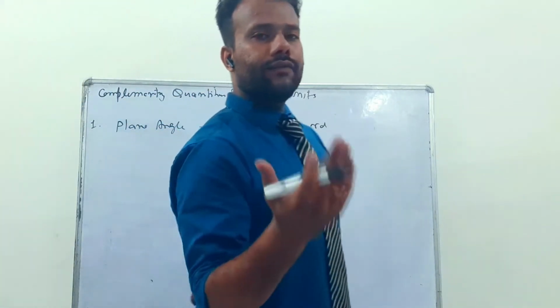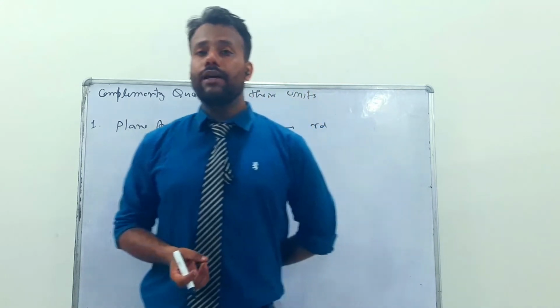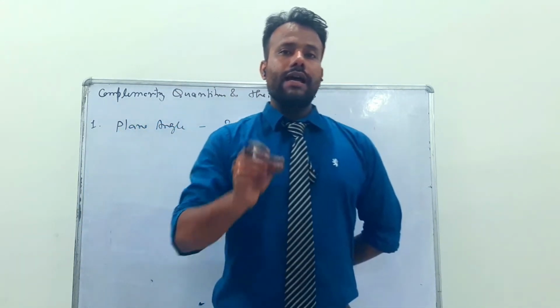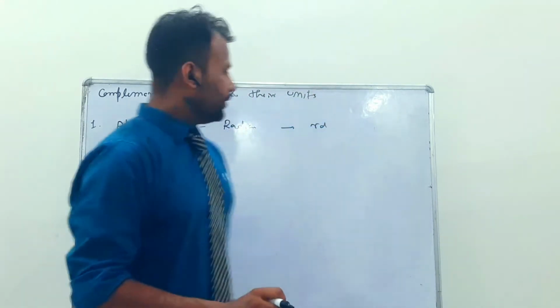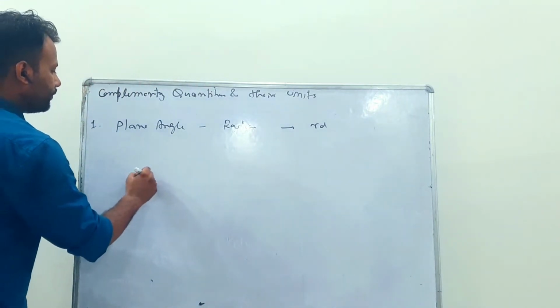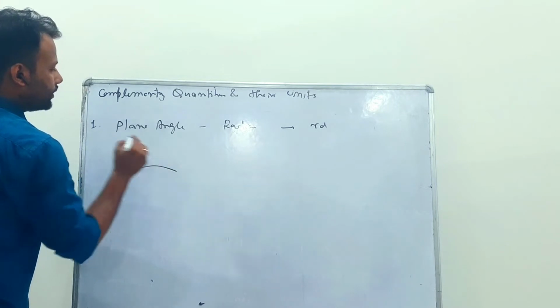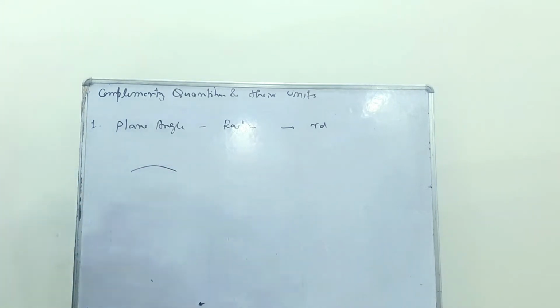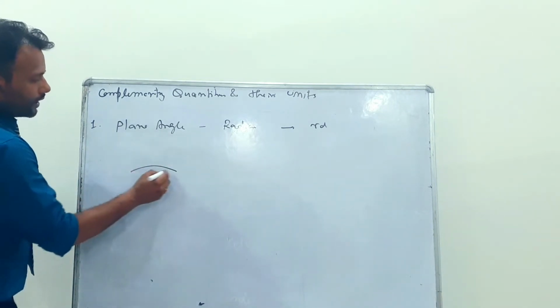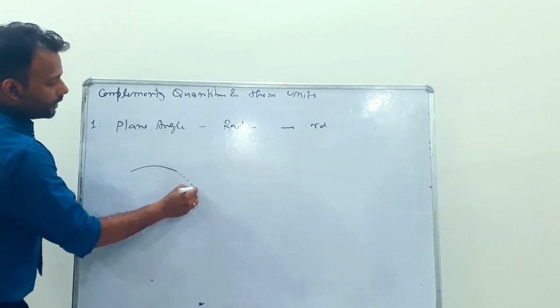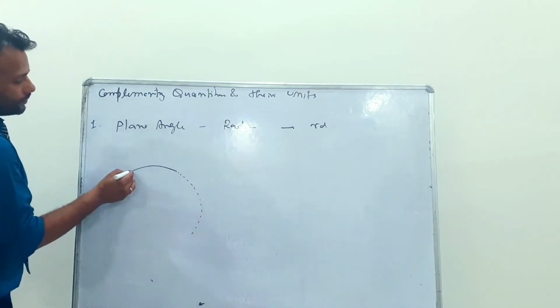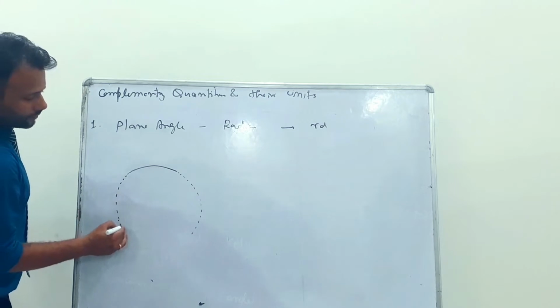Plane angle is defined as the angle subtended by the arc at the center of the circle. For example, let's suppose this is the arc. And if you complete the arc, it will make a circle, obviously, like this.